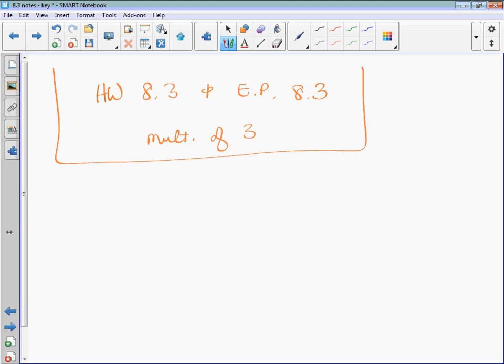All right, guys. You have a worksheet. One side of it says homework. The other side says extra practice. I just want you to do multiples of 3 on each side. Do you know what I mean when I say multiples of 3? That means it's 2 more back.